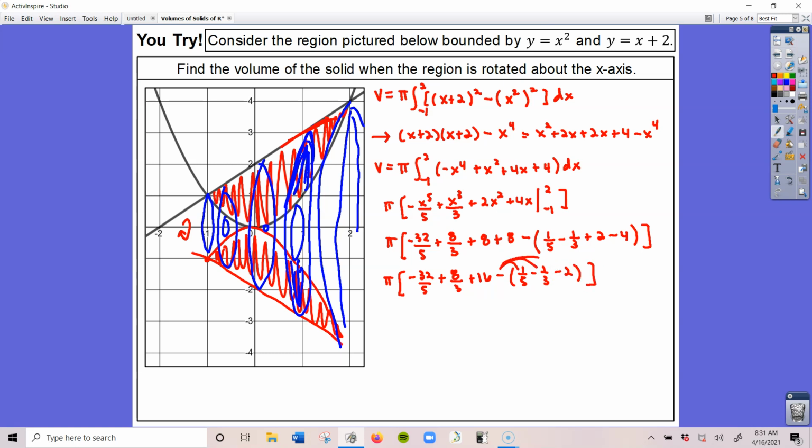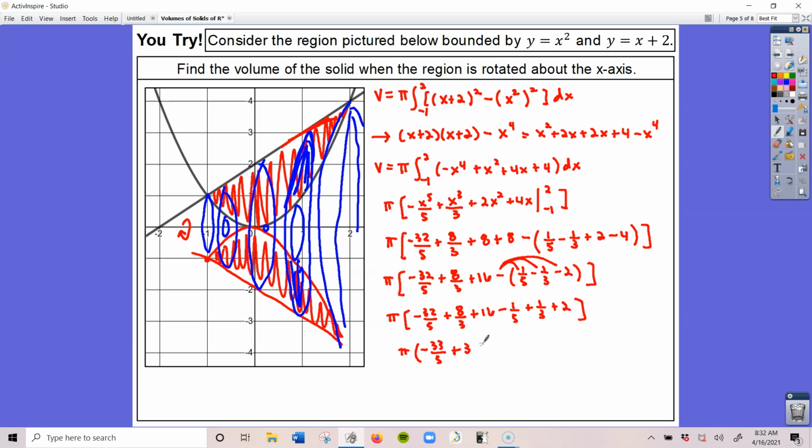I'm going to distribute the negative now. So pi times negative 32 over 5 plus 8 over 3 plus 16 minus 1 over 5 plus 1 over 3 plus 2. Now we can combine as much as possible. Negative 32 over 5 minus 1 over 5 is negative 33 over 5. 8 over 3 plus 1 over 3 is 9 over 3, which is 3.